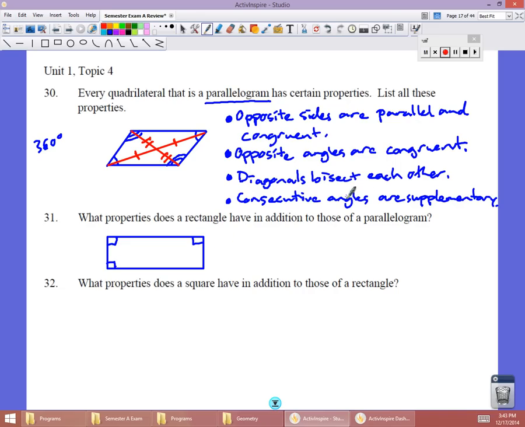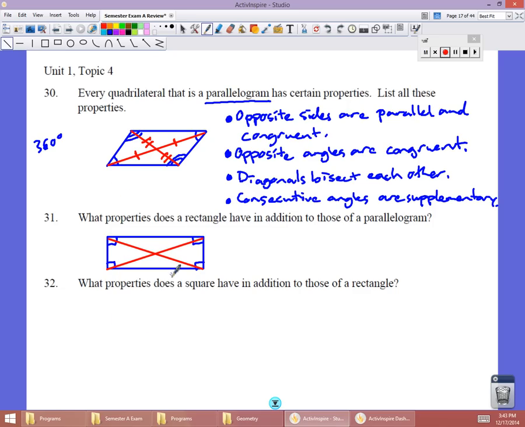Also, the diagonals still bisect each other, except now instead of one diagonal being shorter and one being longer, the diagonals are actually going to be the same length. And if you take a look, we draw these diagonals in, you can see how they are the same length.